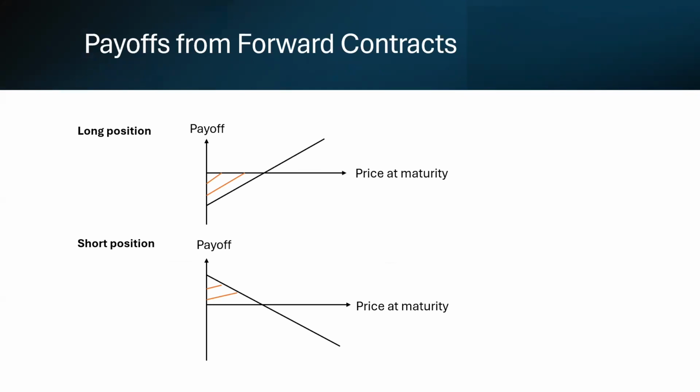Okay, now let's see the payoffs from forward contracts. What you have to remember is that if the person is going for a long position, that means agreeing to buy an asset in the future. So look at this graph. This is the payoff and this is the price at maturity, and this can be the price that you agree to buy in the future, which is called the strike price, right?